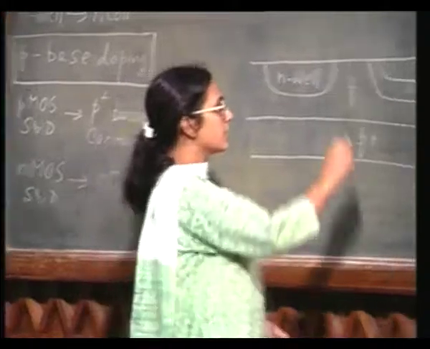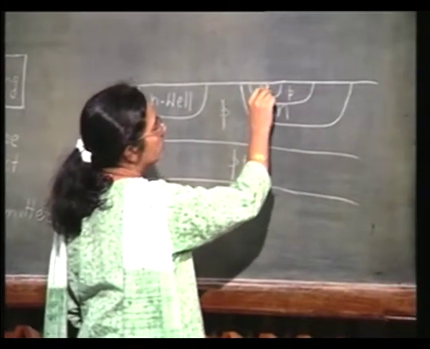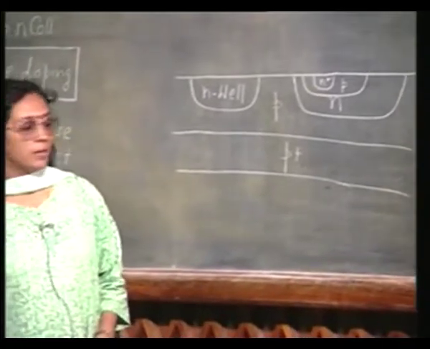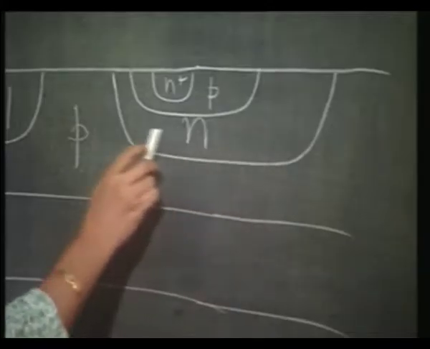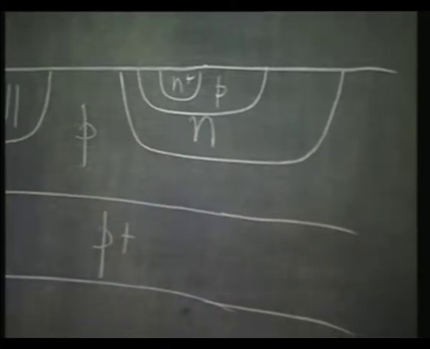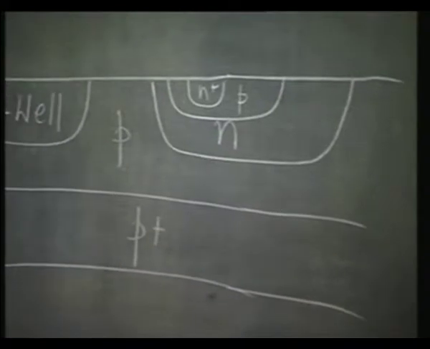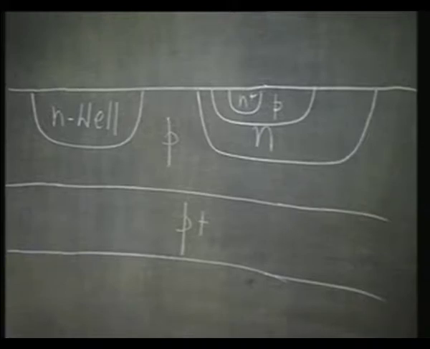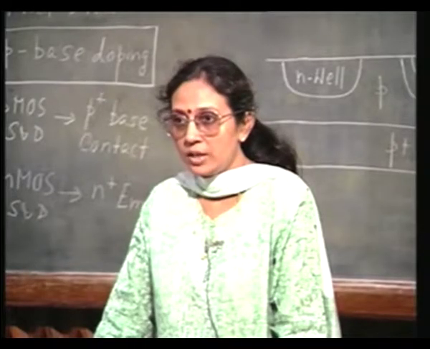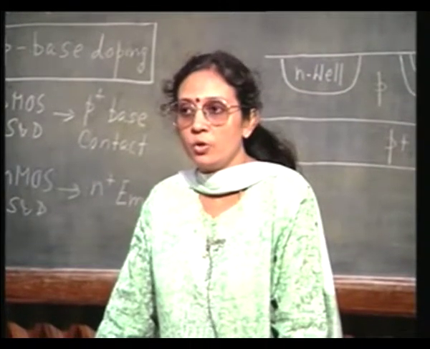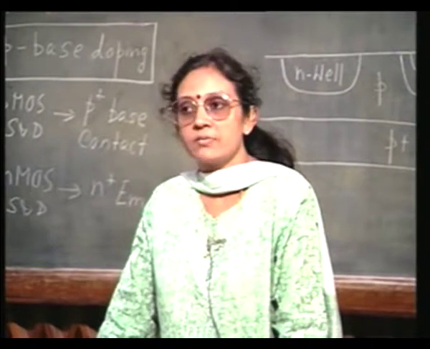but this transistor cannot be called a high performance transistor, because of the very simple reason that the collector is low doped. The collector doping is common with the NOL doping, and you know that I need an NOL doping fairly low. Therefore, the collector doping is low, therefore, the collector resistance is very high.